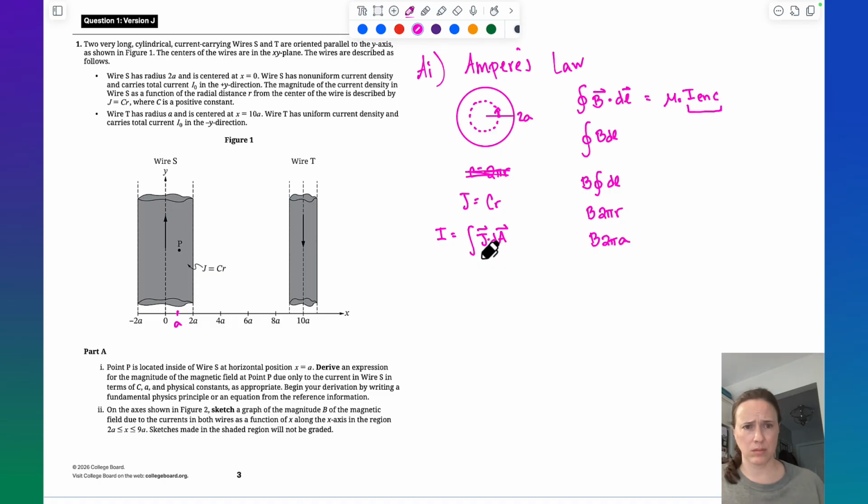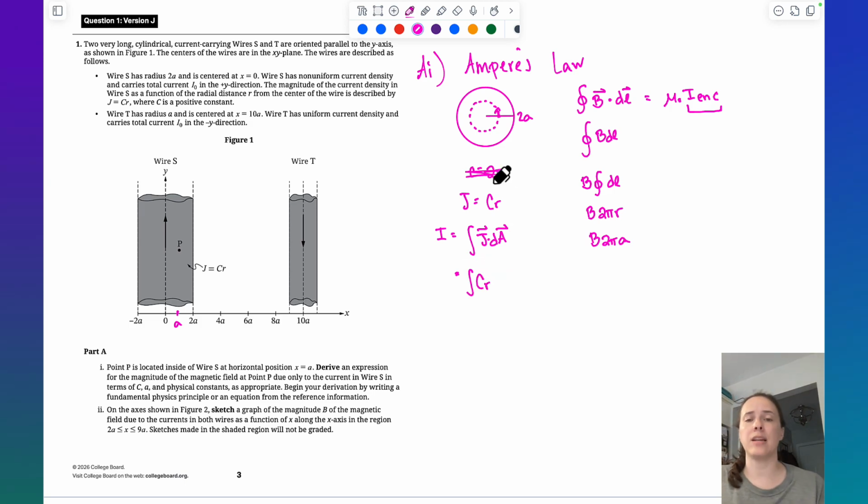J depends on radius, and that's a current density. We're going to make a symmetry argument that current's going down the wire, so J is parallel to our cross-sectional area vector, which is also down the wire. So that's going to be the integral of Cr.